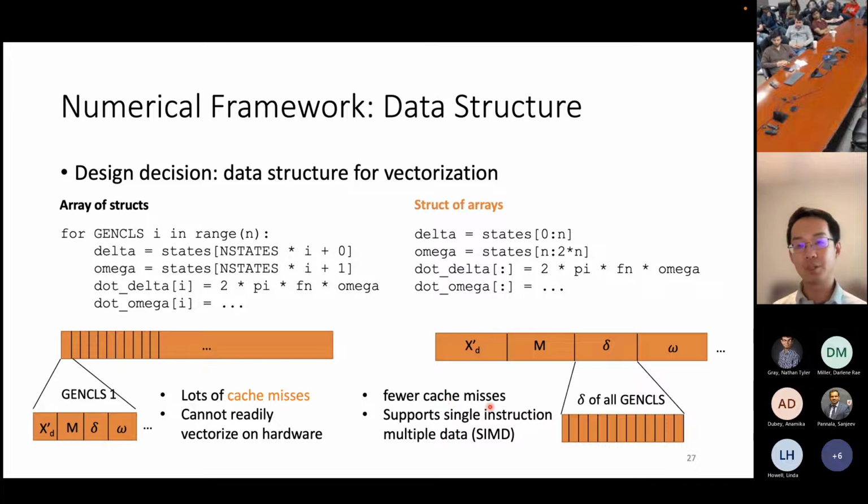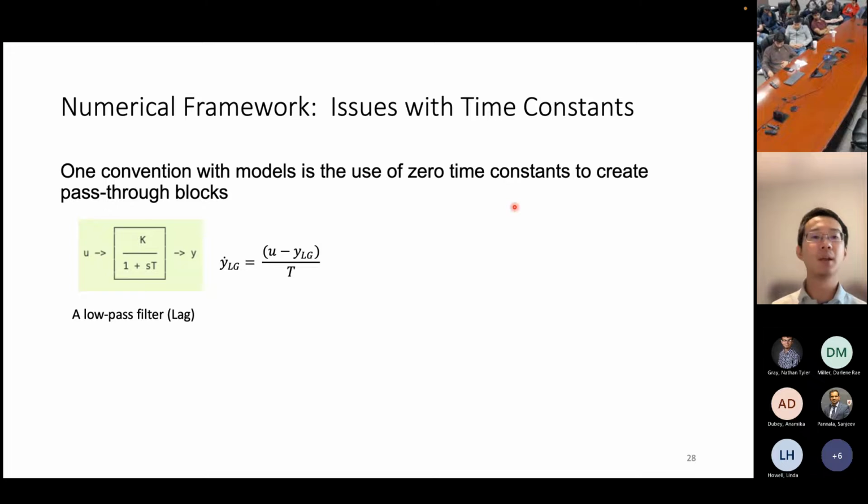So there are fewer cache misses because all the retrieved delta variables will be used during this calculation. And this naturally supports single instruction multiple data because the processor can retrieve 8 data at the same time and do the calculation using those specialized instructions. So this is our choice for the data structure.